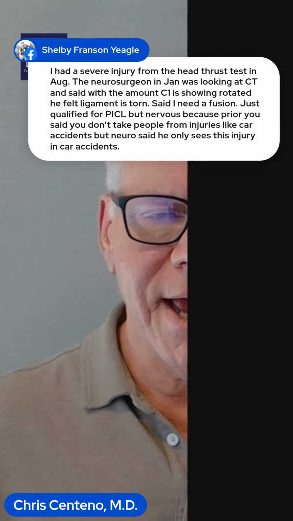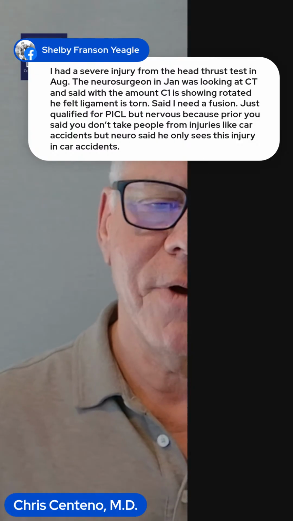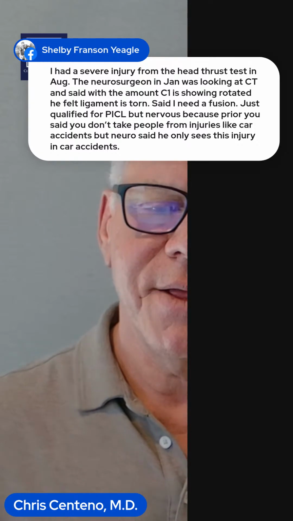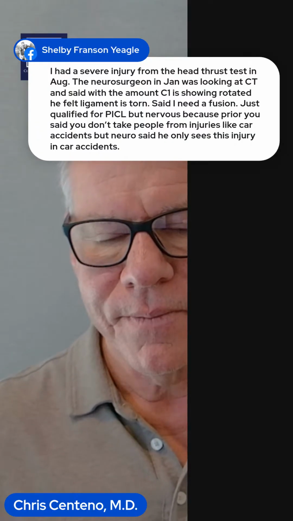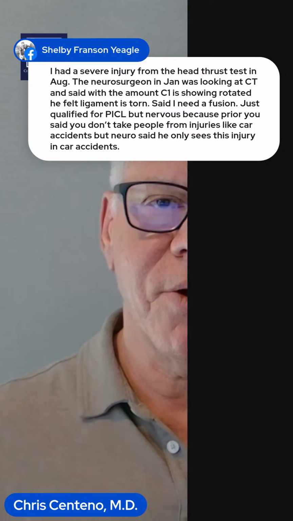Shelby sounds like she was injured, had an upper cervical injury from a head thrust test in August. The neurosurgeon says that you need a fusion, just qualified for PICL. So Shelby, I would need to know a lot more to answer that particular question.